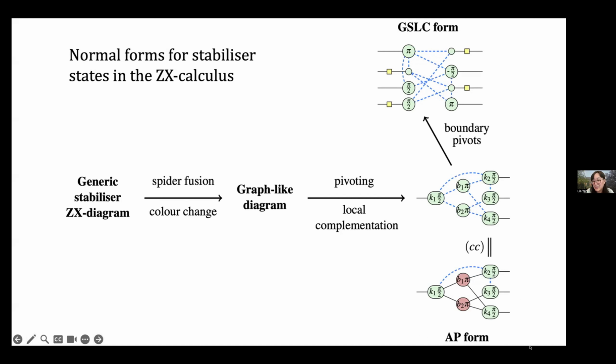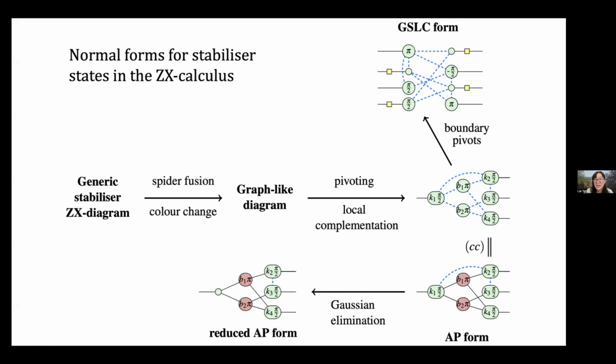We'll see more of that too, and talk about the Tableau correspondence of that. We will also briefly discuss reduced AP form, which we don't need to use much in this talk, except that it simplifies the reasoning a bit. This just means that you've done some additional Gaussian elimination such that a subset of your boundary nodes have no phase on them and no CZ edges. It's called Gaussian elimination because it's equivalent to having done Gaussian elimination on the Tableau.